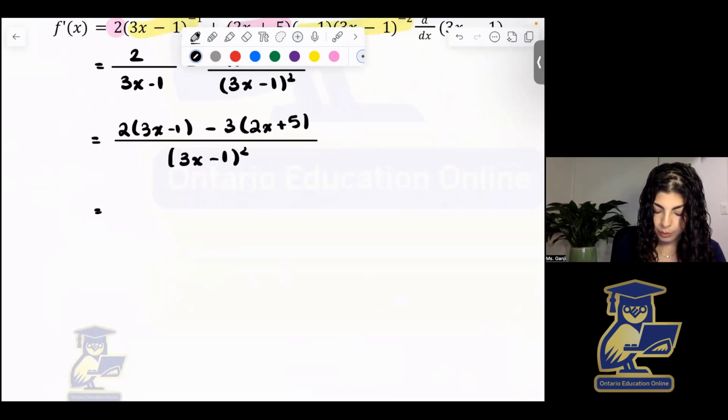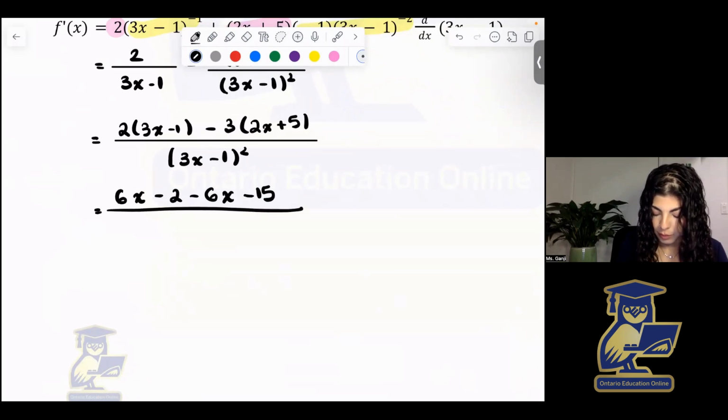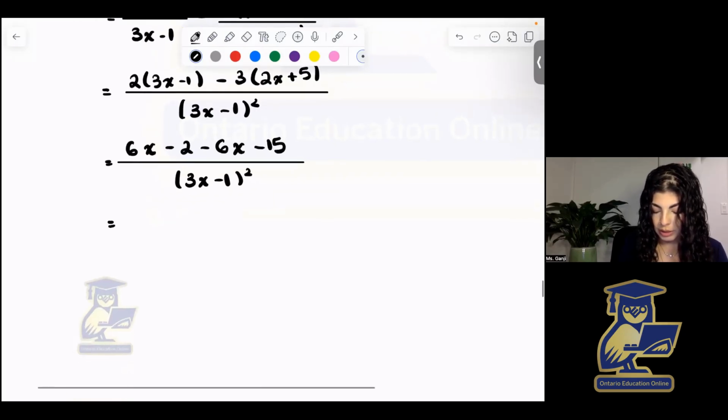And let's do one more step here. We're going to have 6x minus 2 minus 6x minus 15, and this will be over 3x minus 1 squared. And finally, that actually is a little bit nicer.